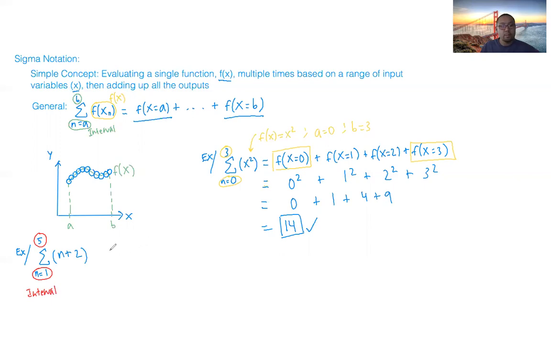And so we know that our function in this case is going to be n plus 2. And I should switch this, sorry, because this is a function of n, not a function of x at this point. A function of n, okay? Because n is what we're going to plug in. And so our function is n plus 2.